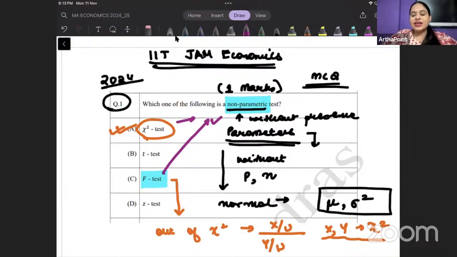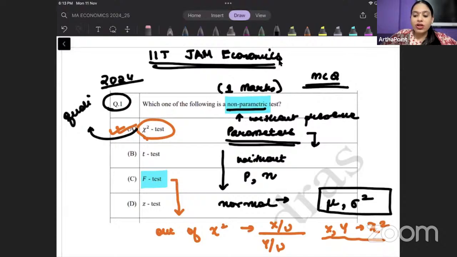Very good. That is the correct answer. Chi-square has many applications, and one of its applications that we have studied, absolutely correct answer, बेटा इसका एक application जो हमने पढ़ा है, that is independence of attributes, right? And in that independence of attributes, I don't require any parameter. So chi-square is one test which can be performed for qualitative data also, right?